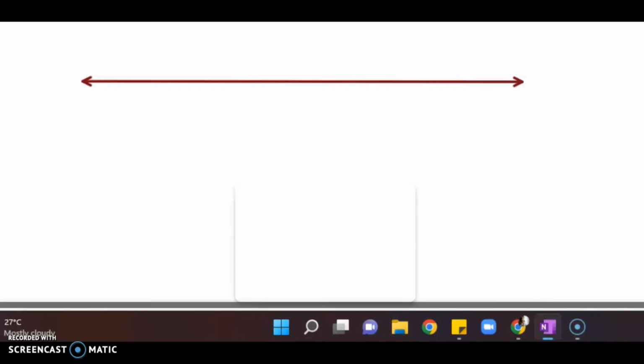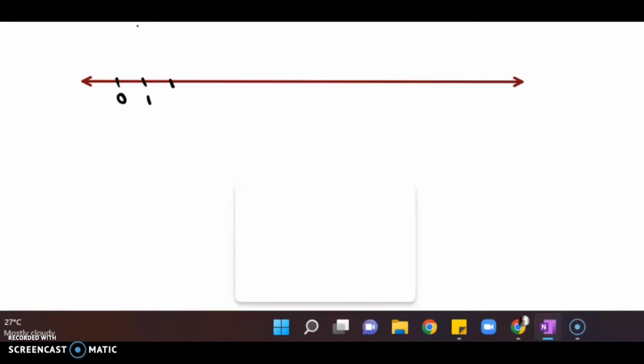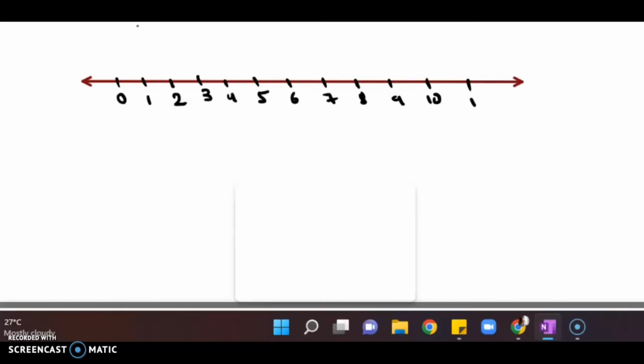And that is why it is called a number line, first of all. So let us start with 0. You know that the smallest number is 0. For the time being, let us consider the smallest number is 0. Okay? 0, 1, 2, 3, 4, 5, 6, 7, 8, 9, 10, 11, 12, and so on.